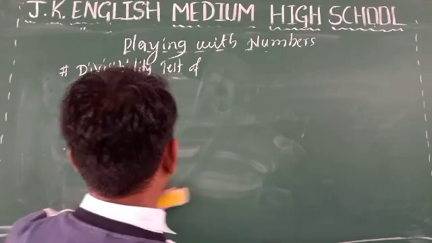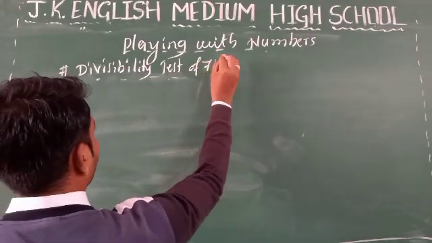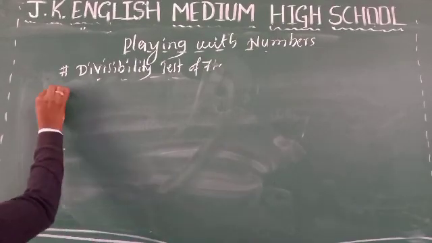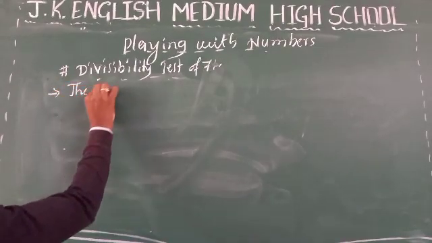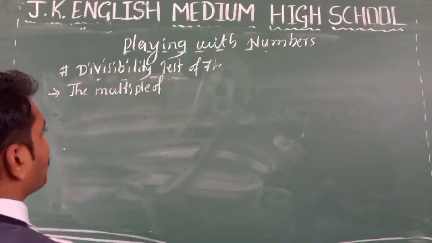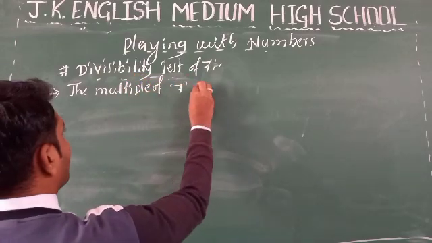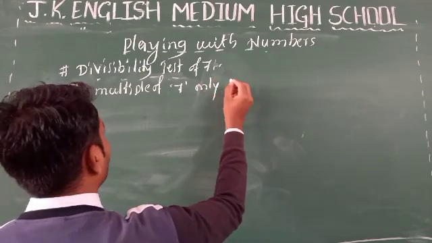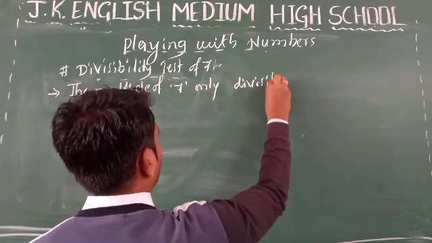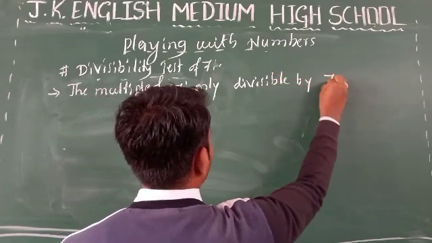Divisibility test of 7. Here also there are no conditions, only the multiples of 7. The multiples of 7 only are divisible by 7.